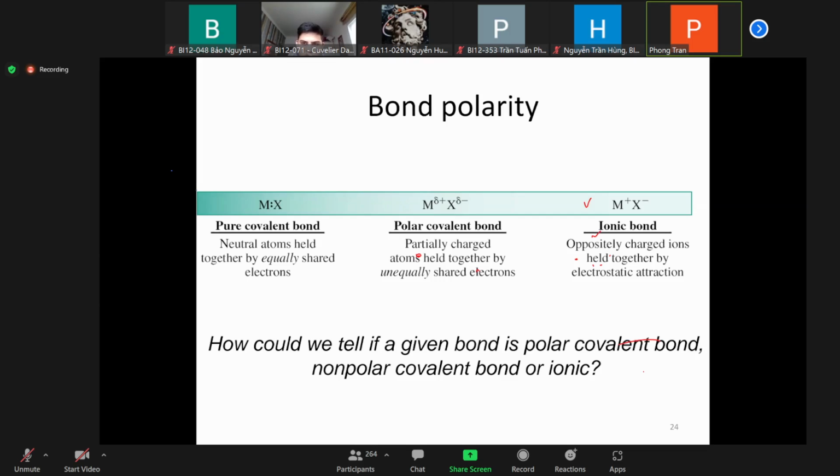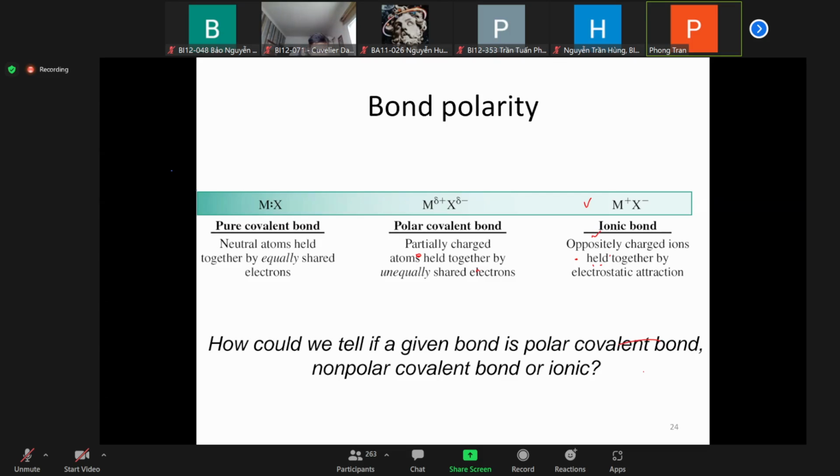That means 50% probability you will find the electron in atom X, and the other 50% probability you will find it in atom Y. So the electron density you will find in the two atoms X and Y, or M and X, will be equal.